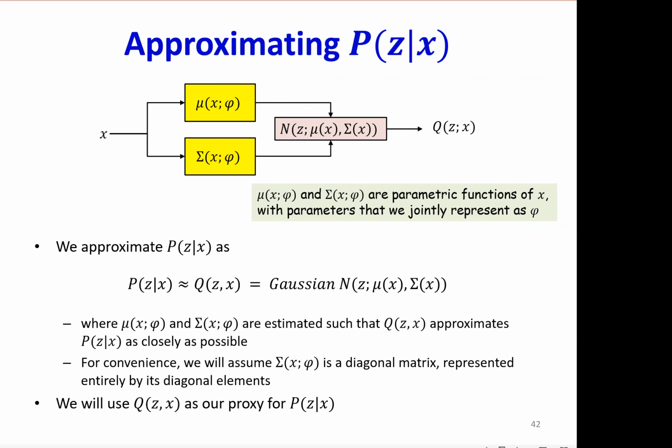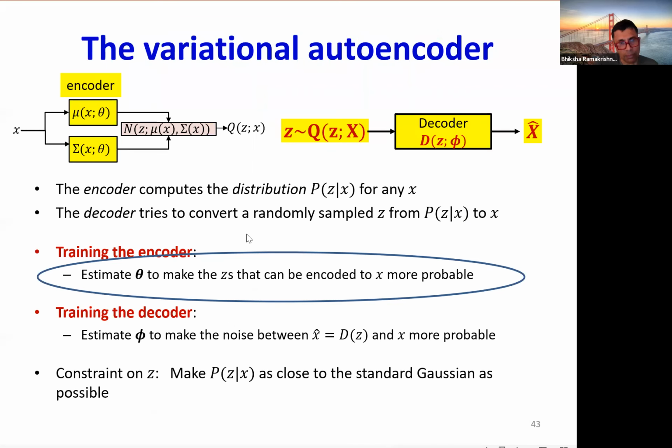And then we're going to sample some z's from this encoder. Then we're going to push these z's through to the decoder. So the Q of z given x is the approximation for the P of z given x.